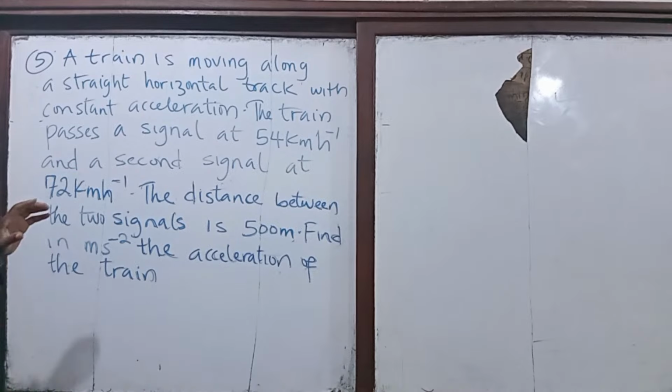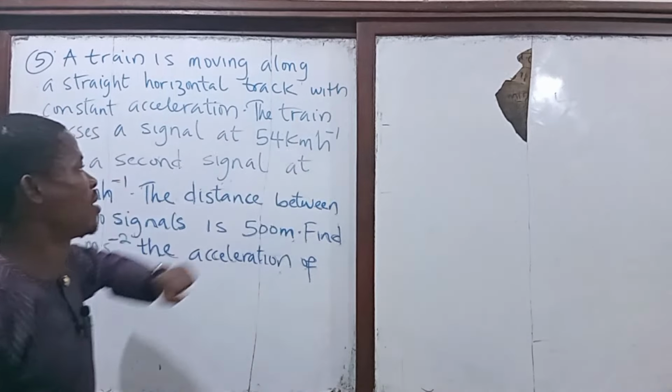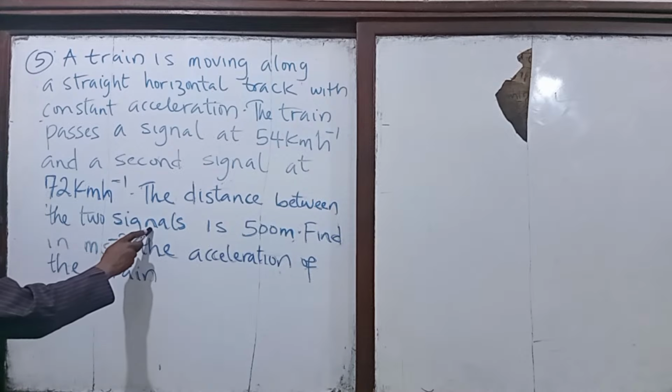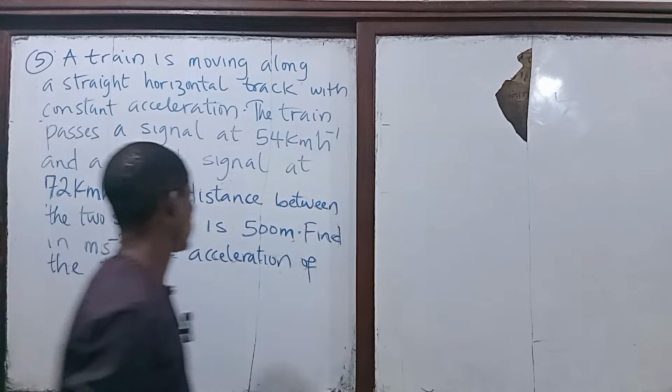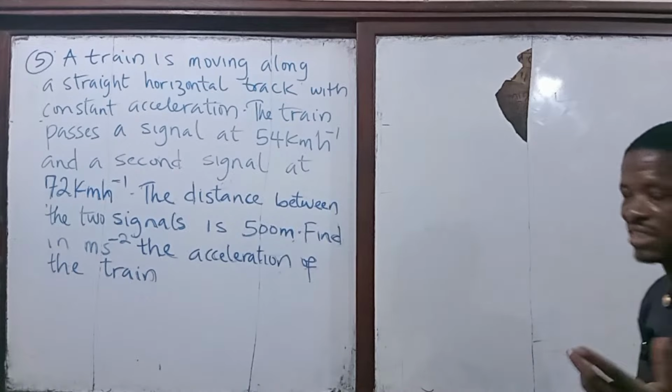The train passes a signal at 54 kilometers per hour, and the second signal at 72 kilometers per hour. The distance between the two signals is 500 meters. Find in meter per second square the acceleration of the train.